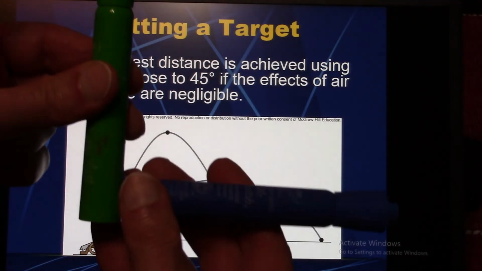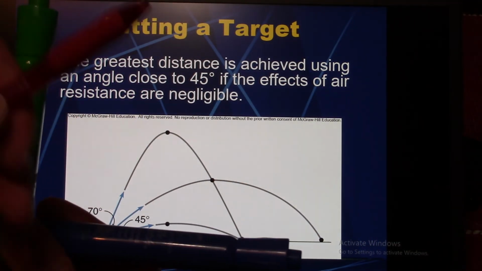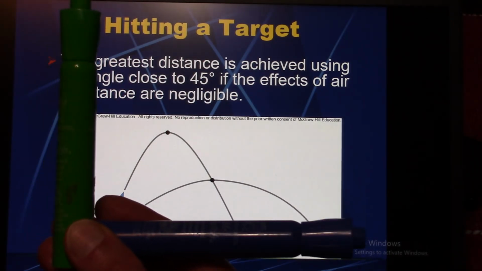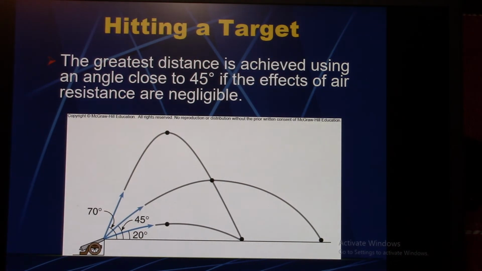Right, a right angle is 90 degrees, right? So if these two markers are 90 degrees, 45 degrees is the midpoint. That's the point where if you throw a football or fire a cannon or do anything, with the same force, you're going to get the longest distance that way.